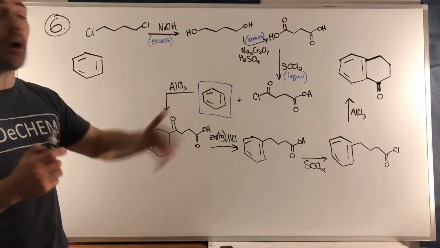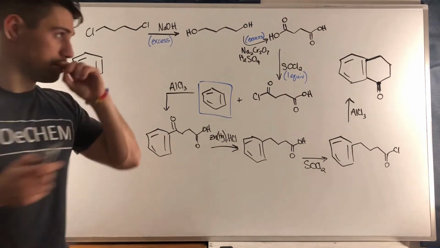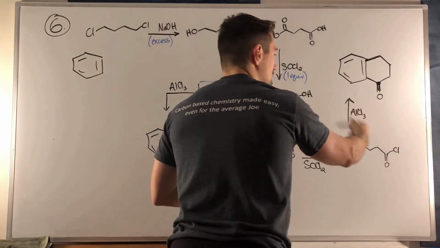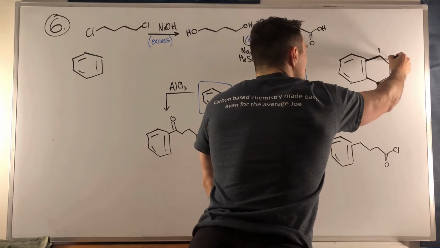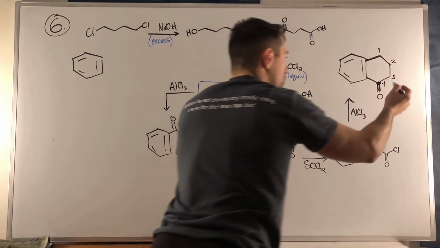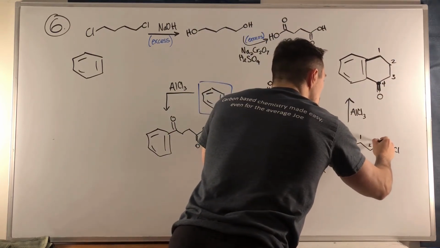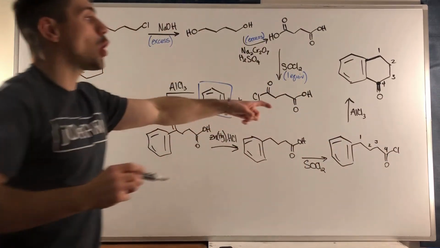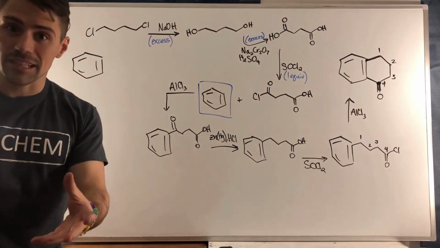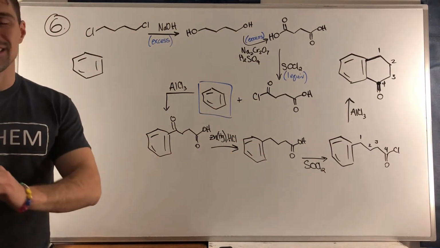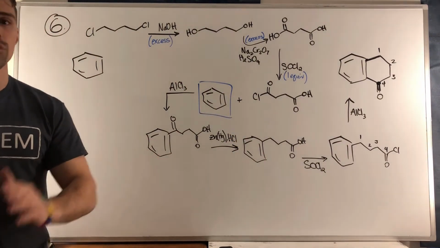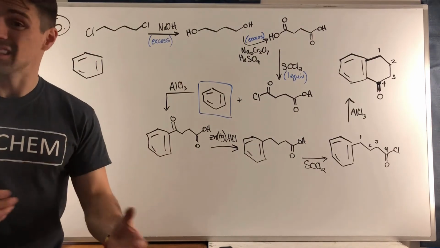And it was just intramolecular. So if we step this back with AlCl3, the structure we could have had was 1, 2, 3, and 4. We have 4 carbons there. And on that 4th carbon, where we see that carbonyl, that's an acid chloride, right? So stepping that back just one makes the problem look that much more approachable. So if you can get that, I think you can get the rest of this problem.